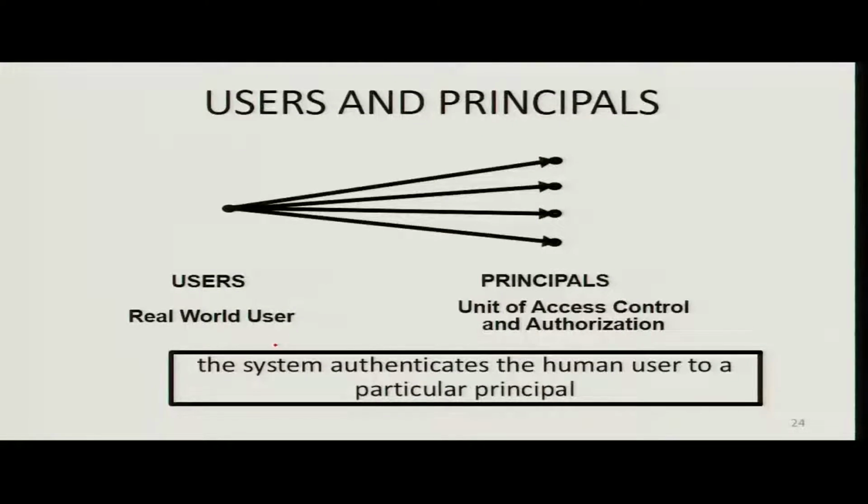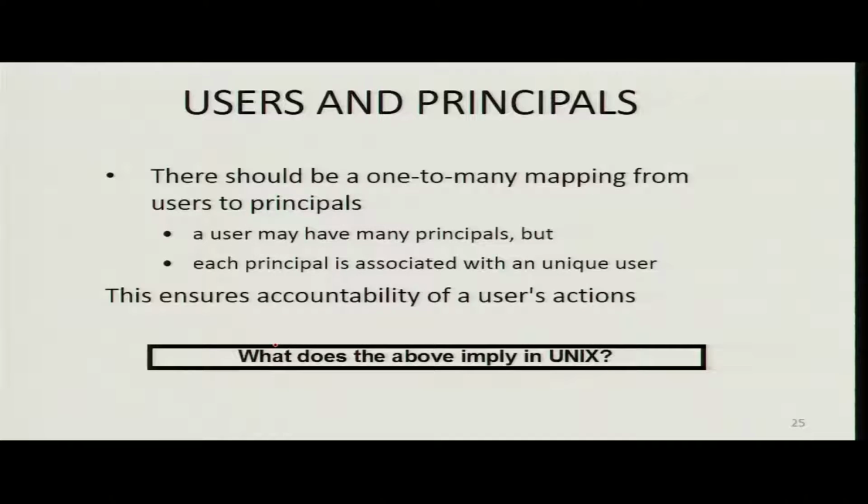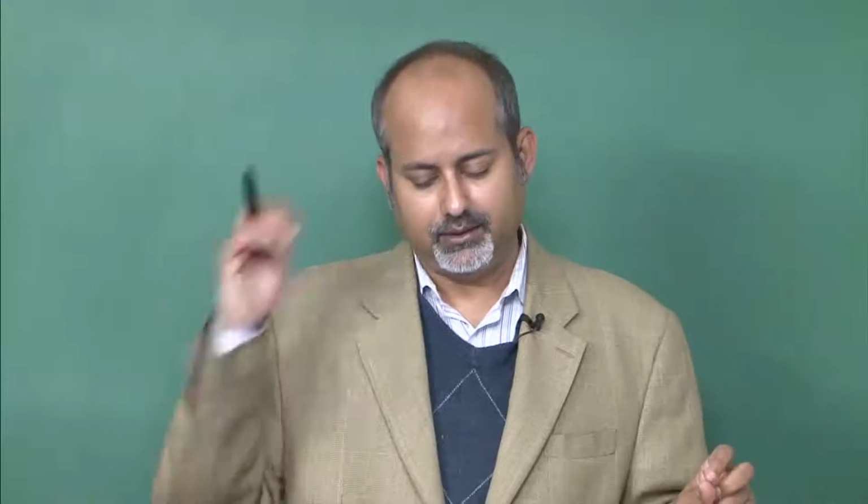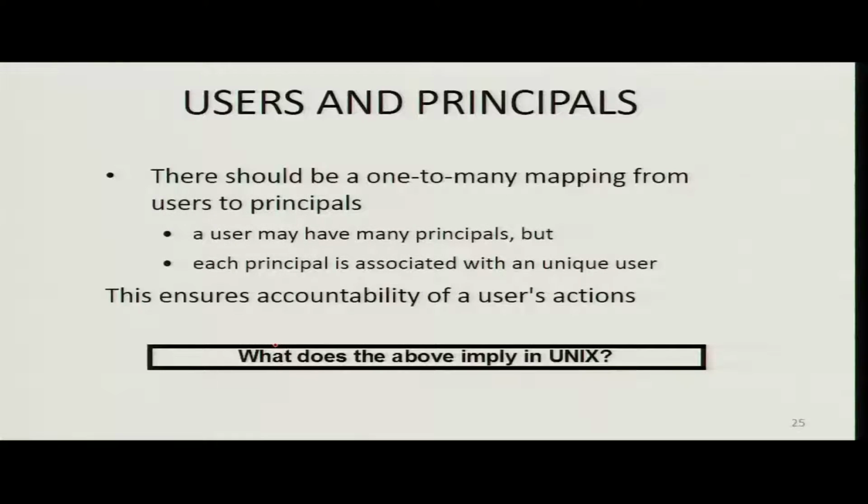The reason is that otherwise, if you are going to use a principal, for example a particular username and password pair, and that pair also belongs to somebody else, then how are we going to distinguish between the two users? Obviously that won't work. Also accountability is an issue. If you have used a particular credential to authenticate yourself, then that credential had better be uniquely associated with you, so that you have accountability.